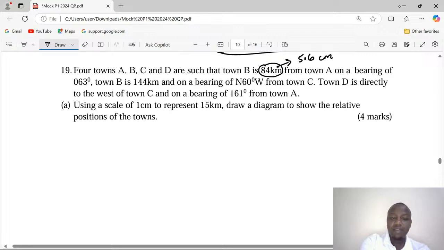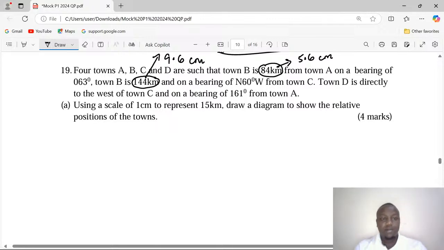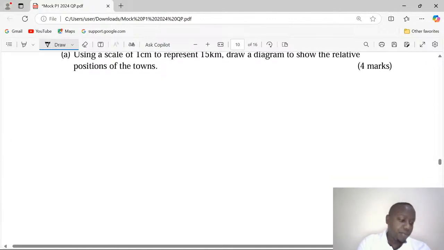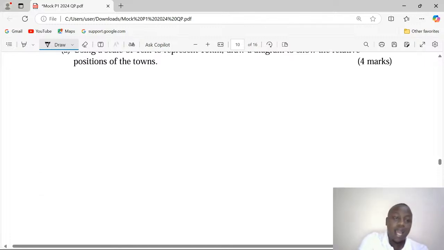When we divide the other distance of 144 by the scale of 15, we get 9.6. So for this one, we'll be using 9.6 centimeters. So now we can come up with our diagram, which is more or less a scale sketch, sorry, not an actual diagram. So we're going to have a compass.